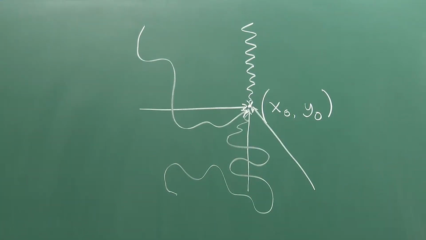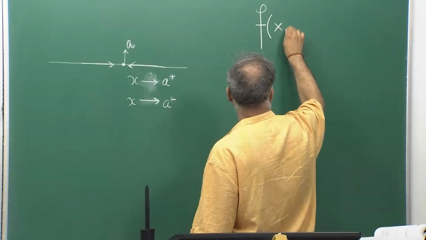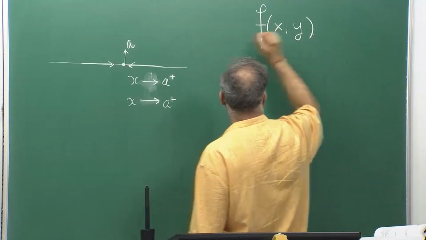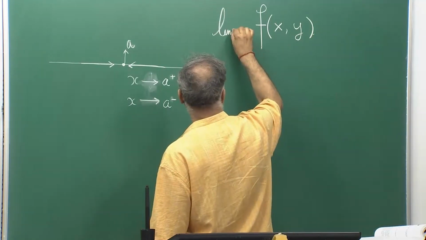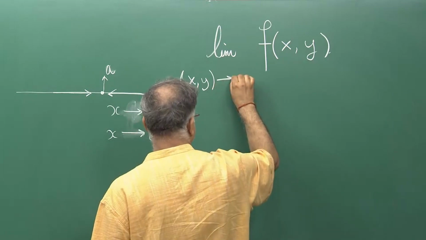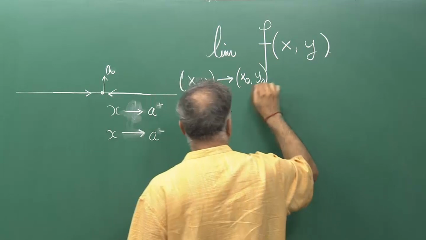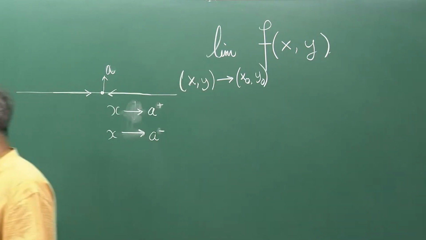So, when I write the term, a function of x y, limit when x y tends to 0 0, we need not bother whether the function is defined at x naught y naught, but the function value tends to some place.